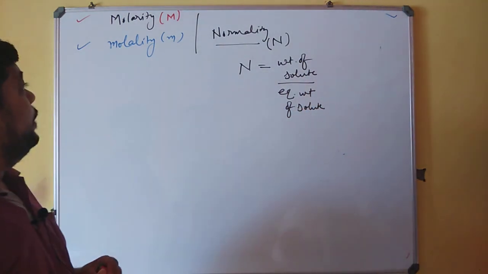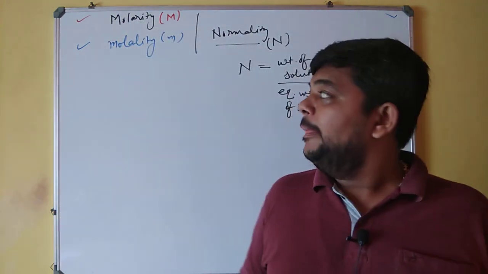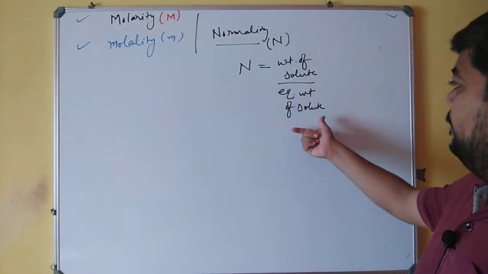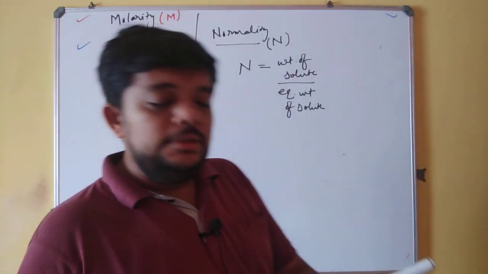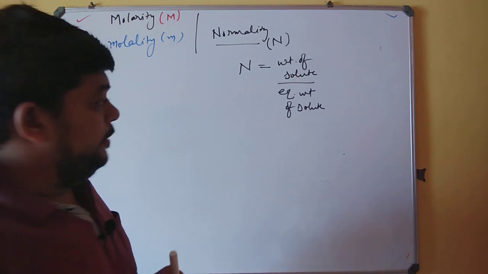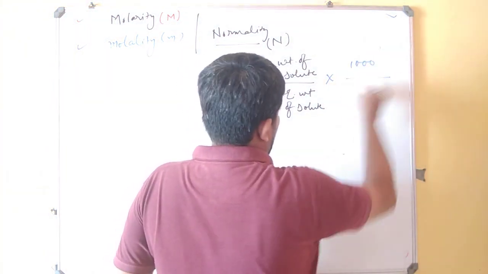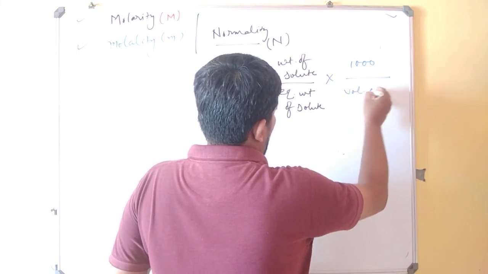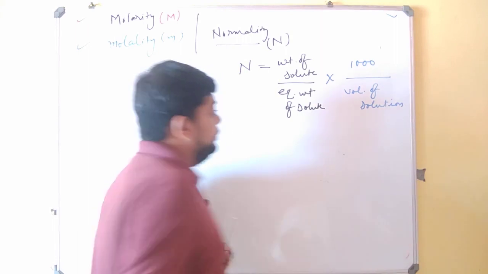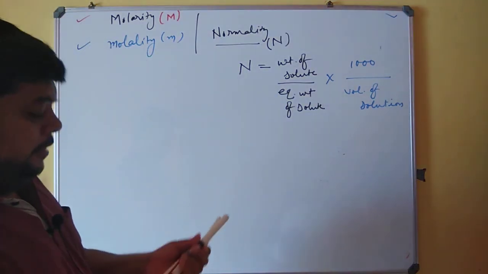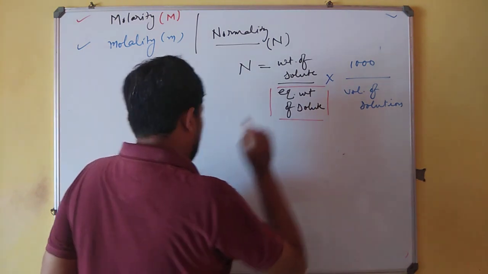Whenever we were discussing molarity and molality, we always had in our discussion molecular weight of solute. For the first time we have encountered this word equivalent weight of solute, multiplied by 1000 divided by volume of solution.